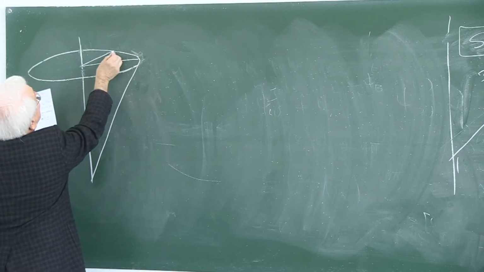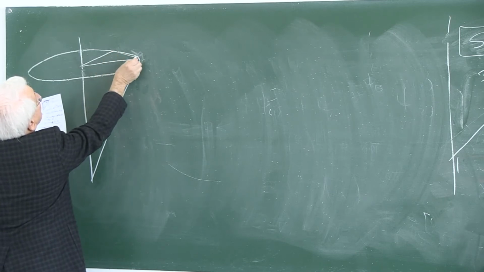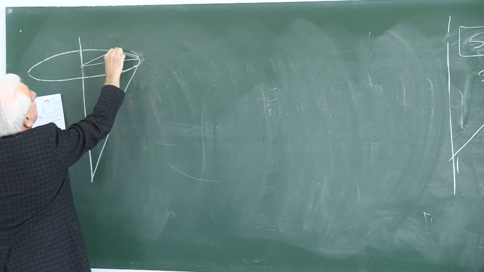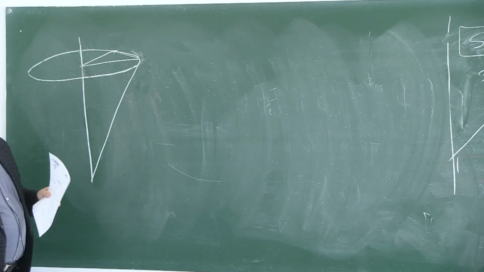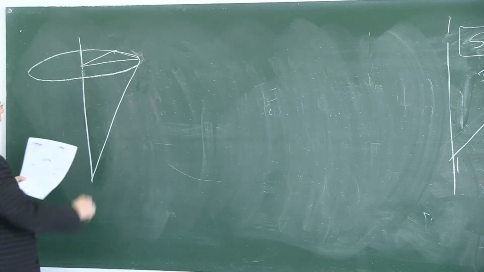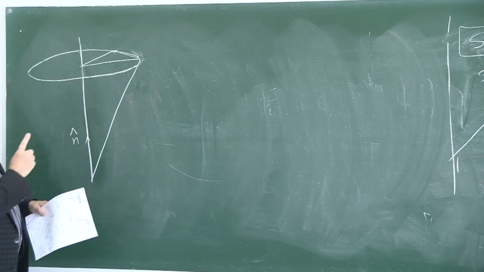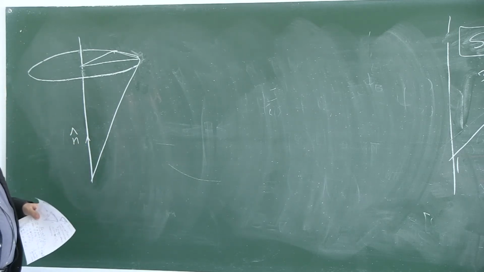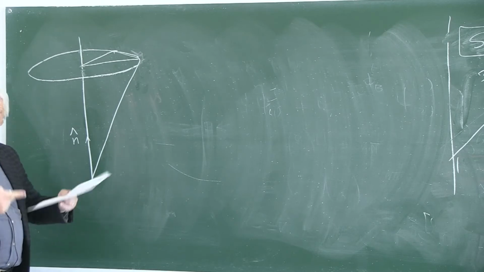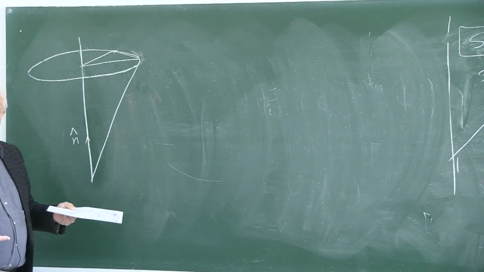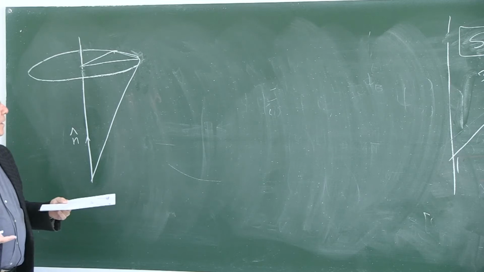You can perhaps draw better pictures in your notebook. Here is the rotation axis, so I put n, a unit vector along that line. So I'm really revealing all the properties of the rotation which we have described.